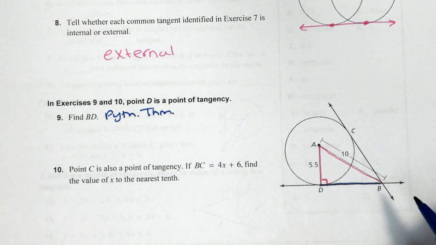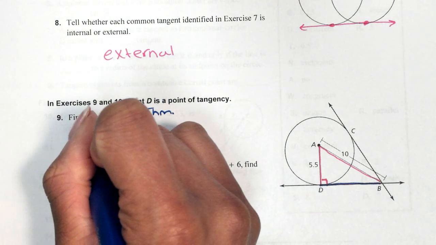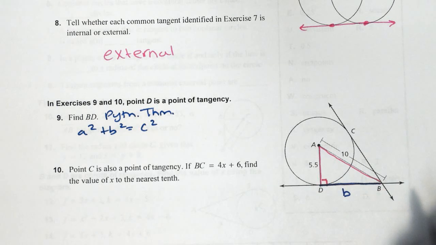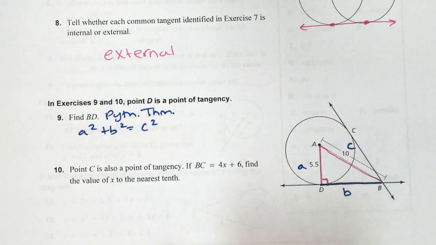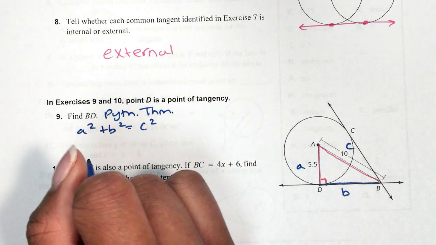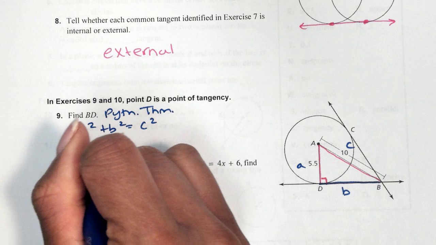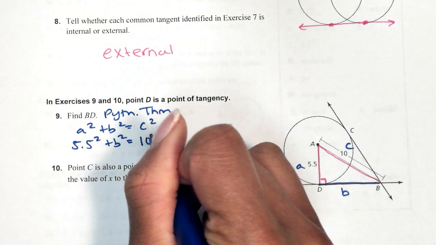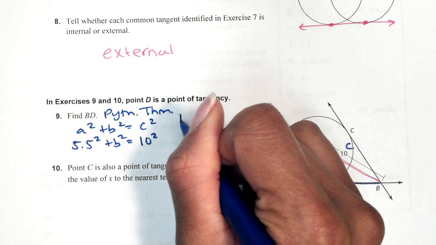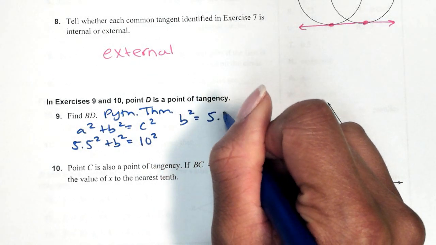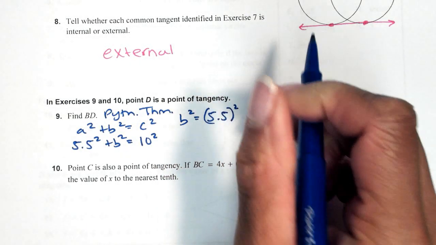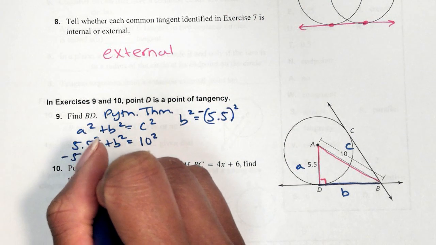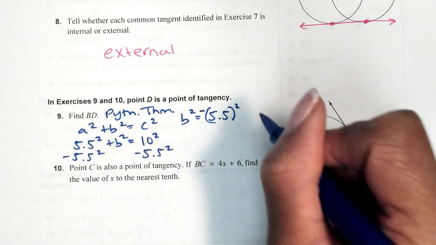So then, all I have to do is plug in the Pythagorean theorem. So I have a squared plus b squared equals c squared. And let's just say BD is b, and that's what we're trying to find. If I'm looking for b, I know I'm going to need to subtract. So I have b squared is equal to negative 5.5 squared, because I am subtracting, plus 10 squared.